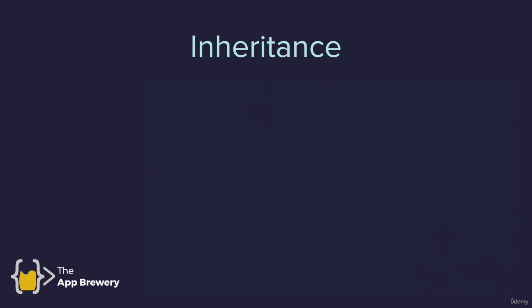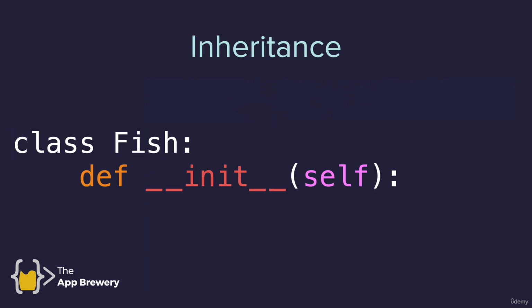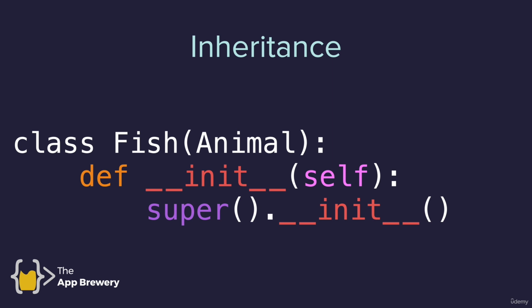Now, how does inheritance actually work in terms of the code? Well, we can define a class, let's call it fish, and it has an initializer. Now, in order to get this fish class to inherit from another class, all we have to do is to add a set of parentheses after the name of the class and then provide the class that we want to inherit from.